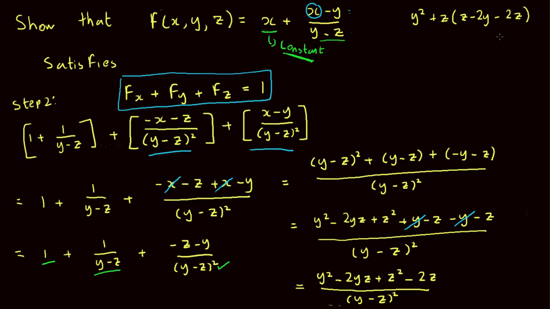Z minus 2y, minus 2, not 2, sorry. Minus 2, supposedly. No, it doesn't seem right. Hold up, let me see here first. I don't think it's right.